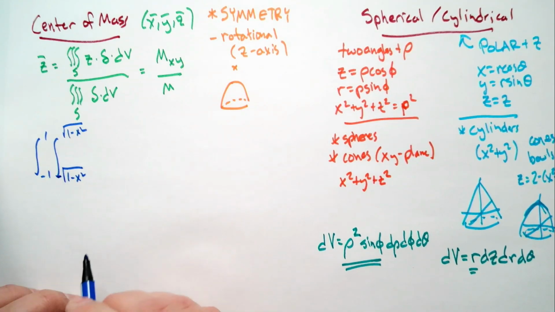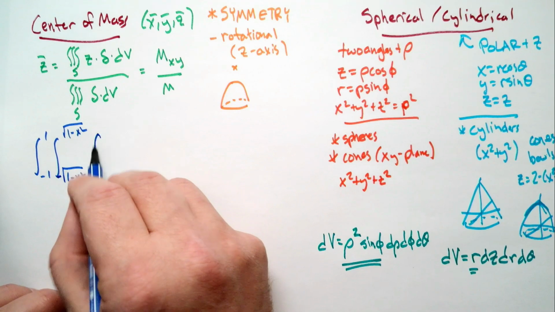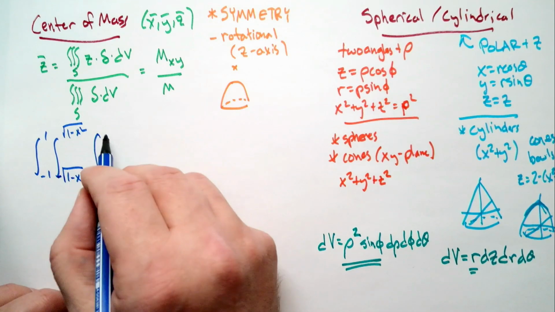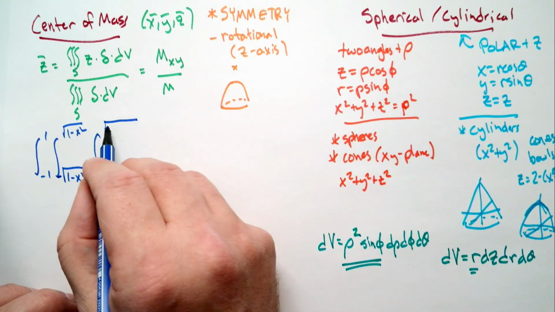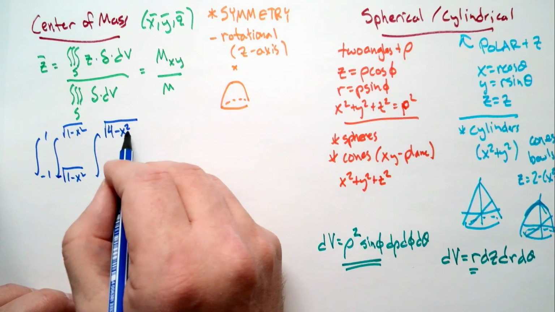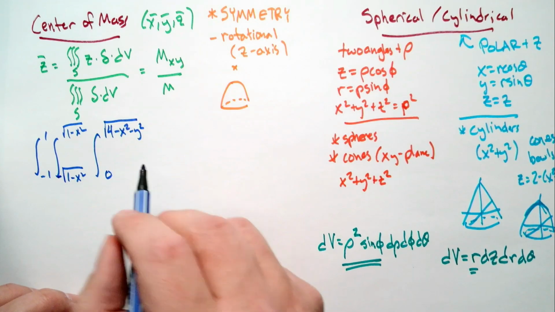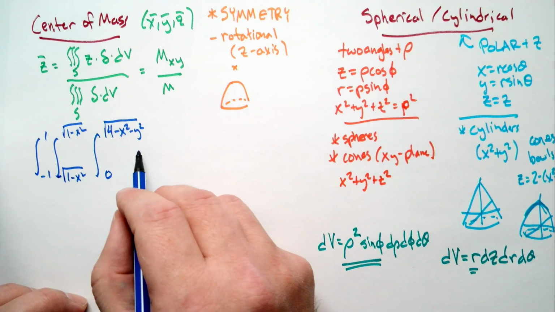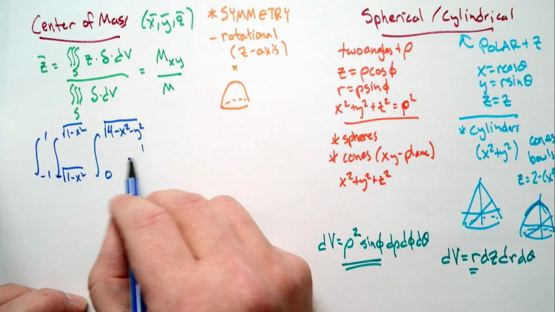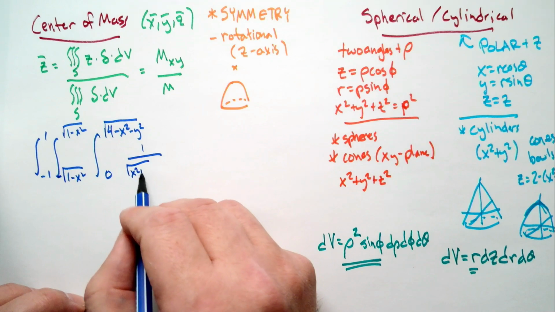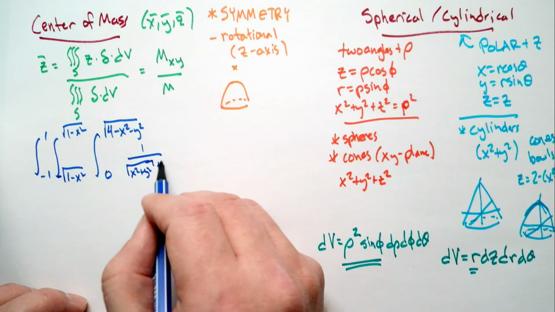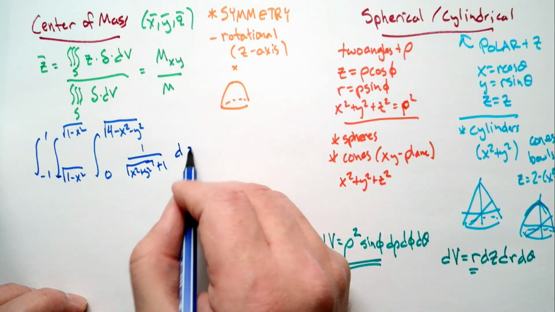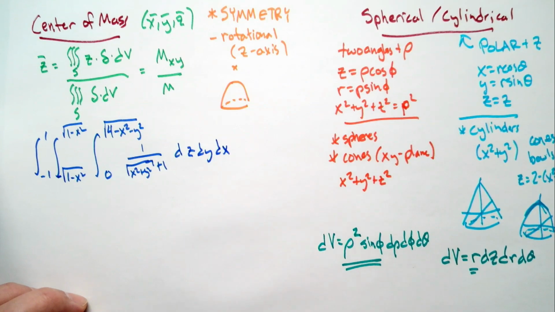And we had the integral from 0 up to the square root of 4 minus x squared minus y squared. And we wanted to integrate 1 over the square root of x squared plus y squared plus 1 dz, dy, dx.